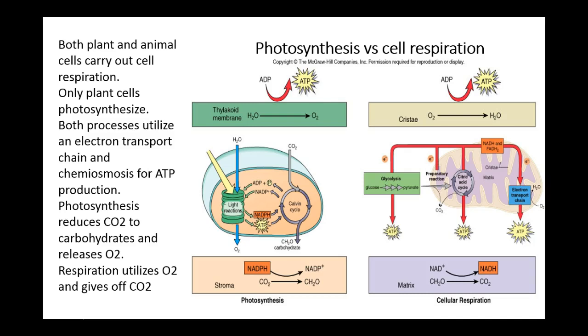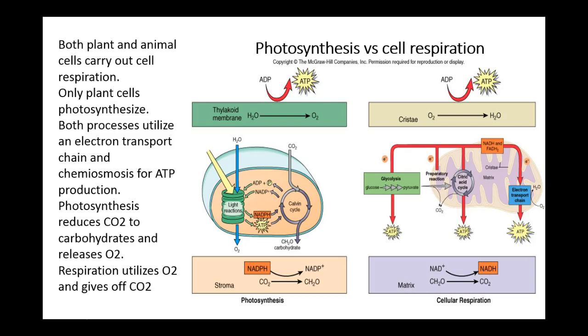Then you have at the bottom the two simplified reactions. One of the differences with regard to the electron carrier: in photosynthesis, you have NADPH, which is then turned into NADP+, and in cellular respiration, NAD+ is turned into NADH.